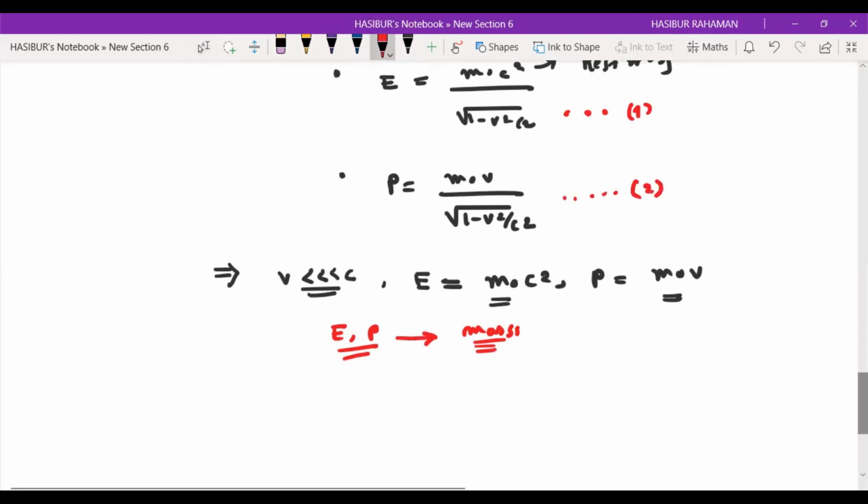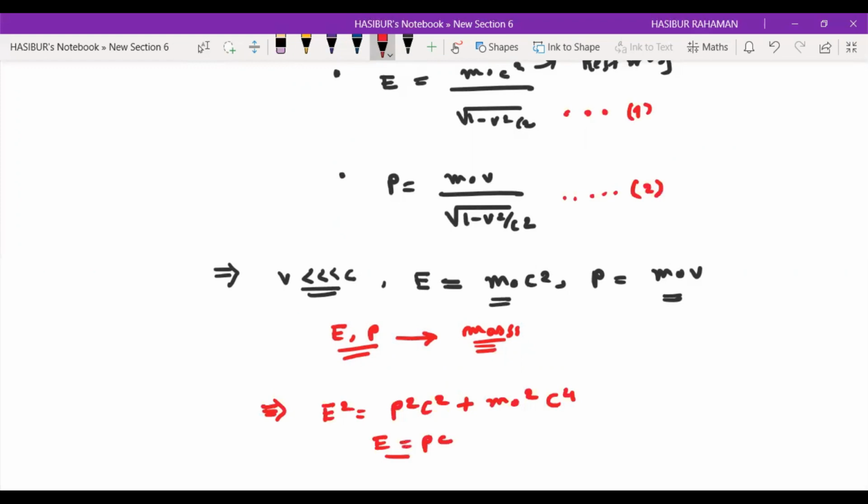Now squaring E and p, energy and momentum, we find an equation like E square equals p square c square plus m naught square c to the power 4. Now put m naught equal to 0 here and you will get E equals pc. So even though the mass is 0 for this photon, there is a relationship between energy and momentum.